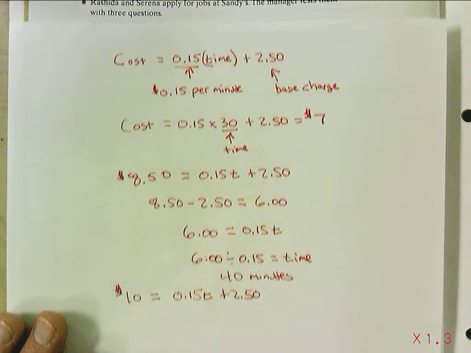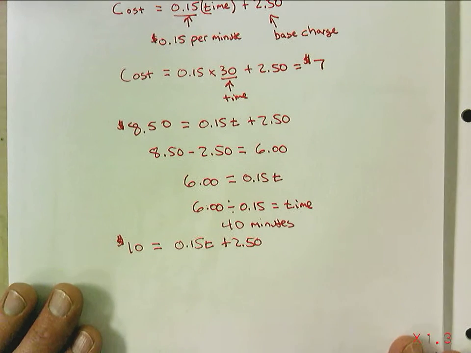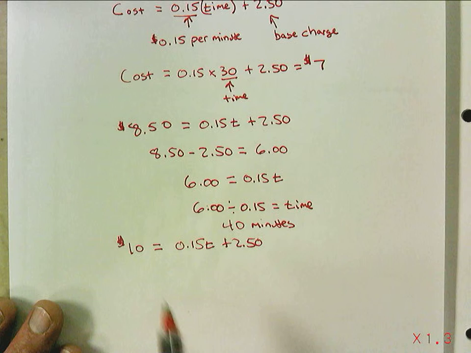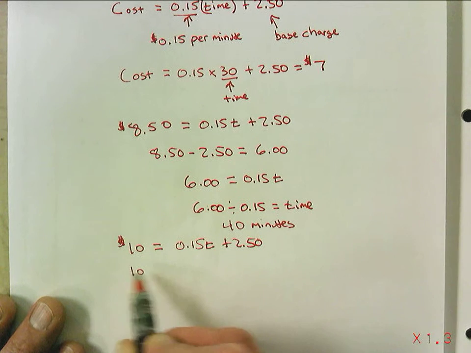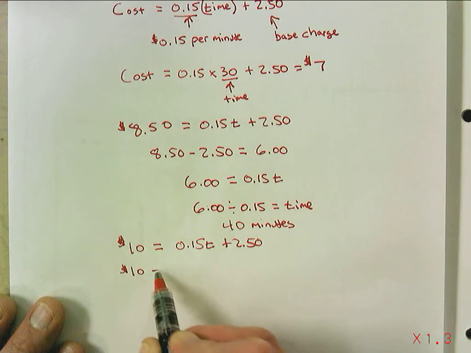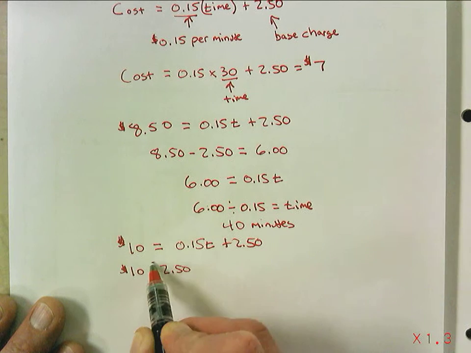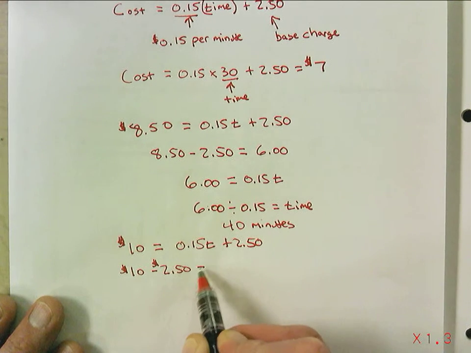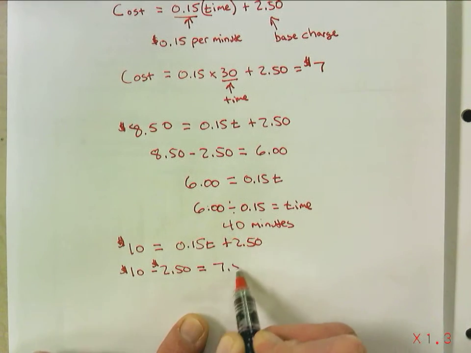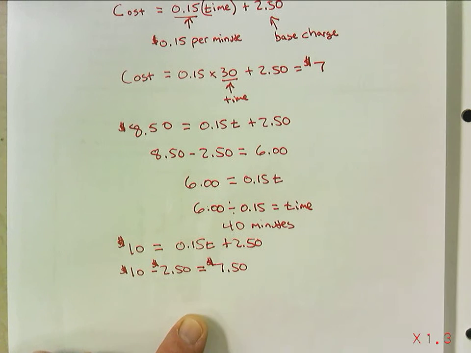And so now, to solve this, I'm simply going to take the $10 minus the $2.50 base charge that I know is always there. So that gives me $7.50 is what was spent on time.